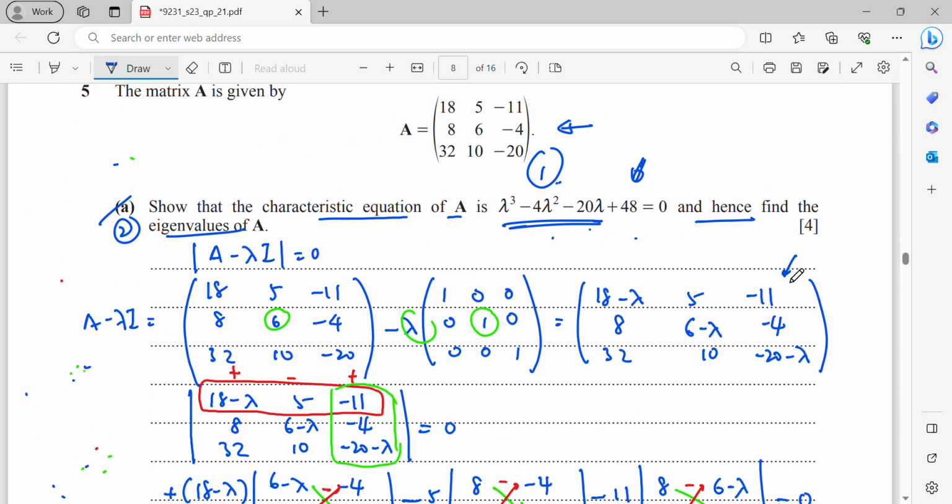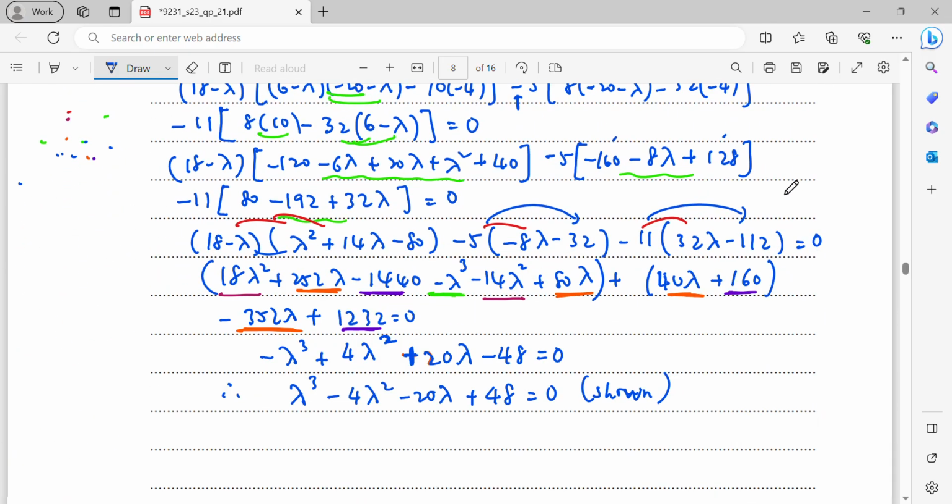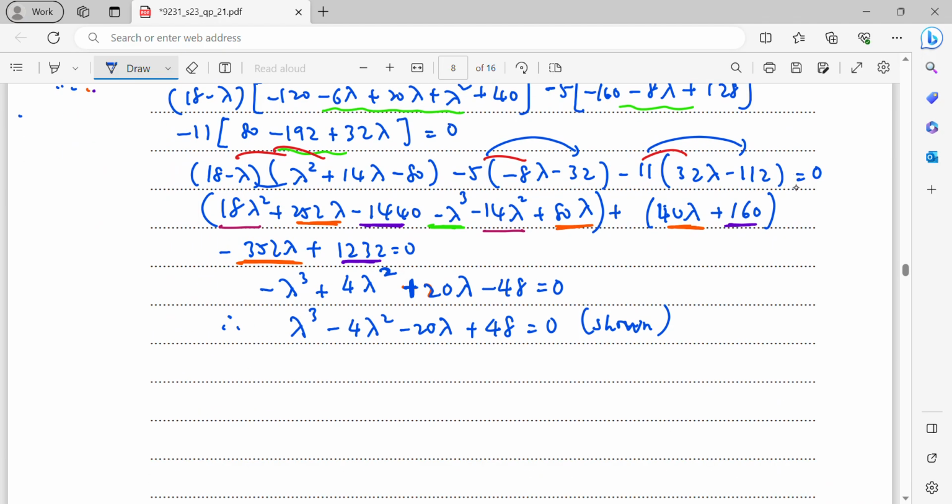Now for the second part, and hence means use the answer from first part. Find the eigenvalues of A. Basically the lambda will be the eigenvalues. So now what to do is, you can just use the calculator to factorize this. So now I will get lambda plus 4, lambda minus 6, then lambda minus 2 equals to 0.